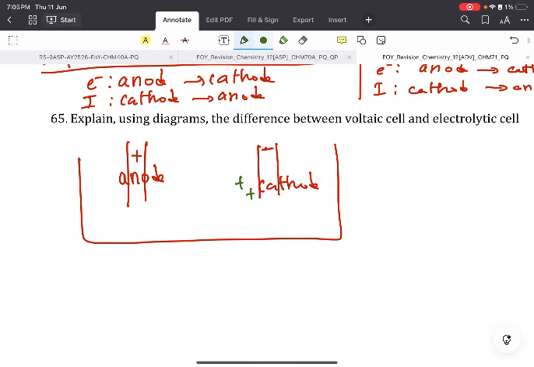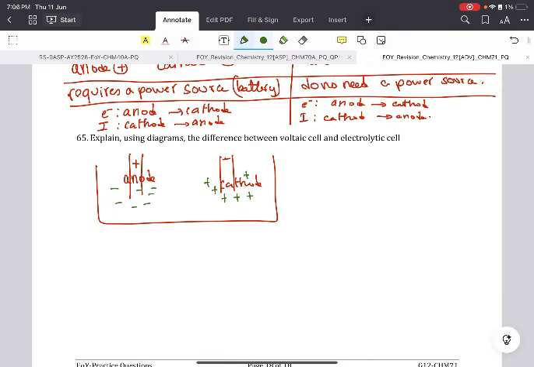There is no salt bridge, but the positive ions are going to gather around the cathode, and the negative ions are going to be attracted toward the anode to get oxidized, and the positive ones are going to be attracted toward the cathode to get reduced. And that's it. All the best in your end of year exam.